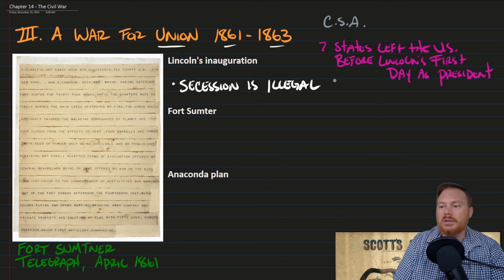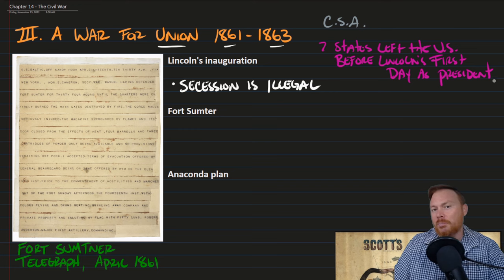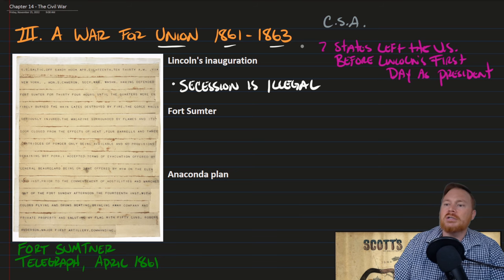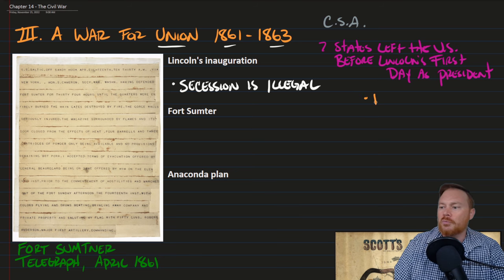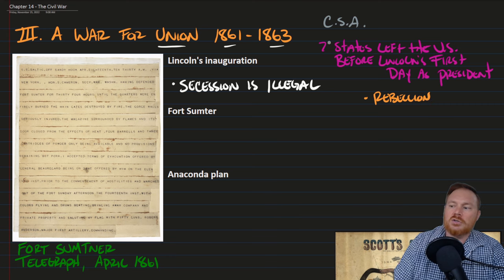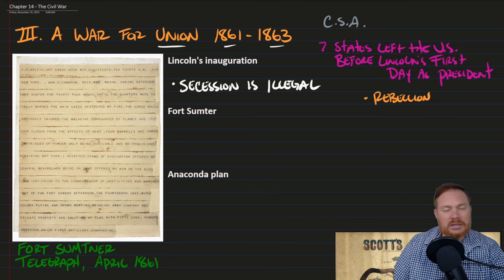And in fact, this would be Lincoln's stance throughout the entire Civil War, that the 7 states in the Confederacy, they actually didn't secede. They are still part of the United States. Lincoln would instead use the term rebellion, right? These are states in rebellion. They're still part of the U.S. because legally they can't leave. So they hadn't seceded. And so that way, Lincoln would still have jurisdiction over those particular states.